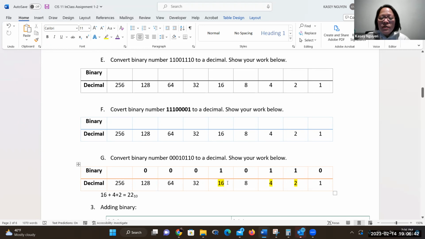I use their decimal equivalent, or the scale value, and add them up. So I take 2, add it with 4, add it with 16, I have 22. So this binary value is equivalent to 22 in decimal, or base 10.